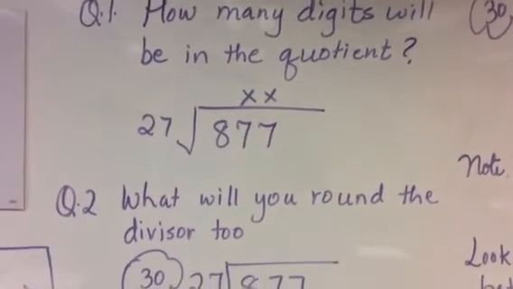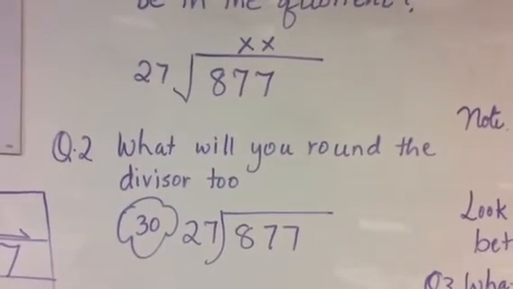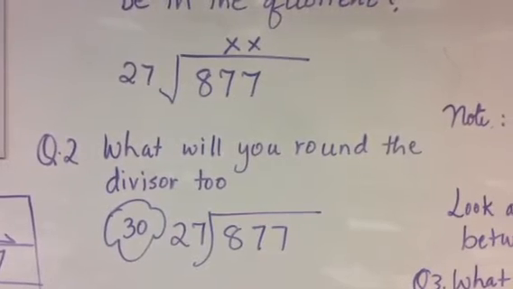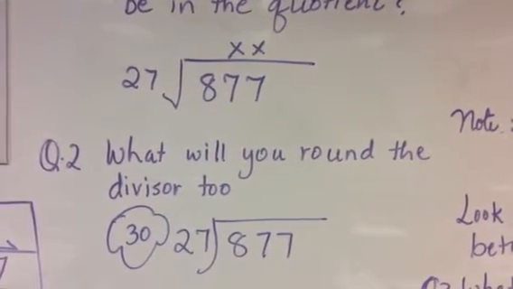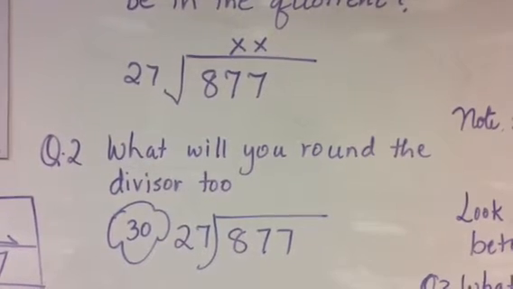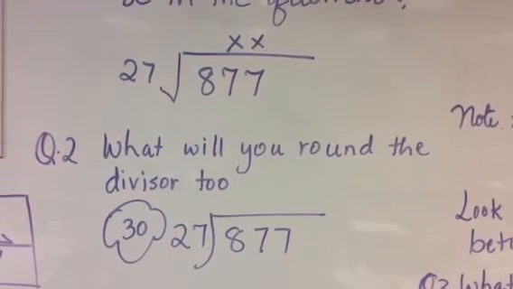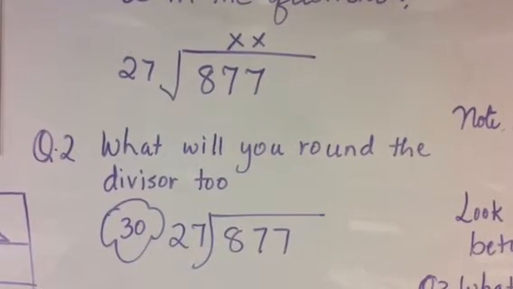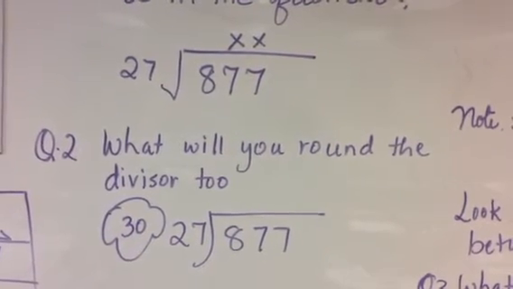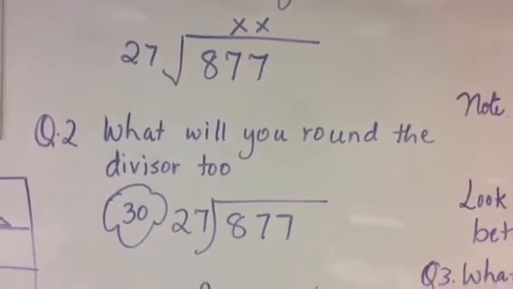How will you round the divisor? 27 will round off to 30, and then you will think how many 3's are there in 87? How many 3's are there in 8? So you will say 2, and so 30 will divide into 87 2 times.